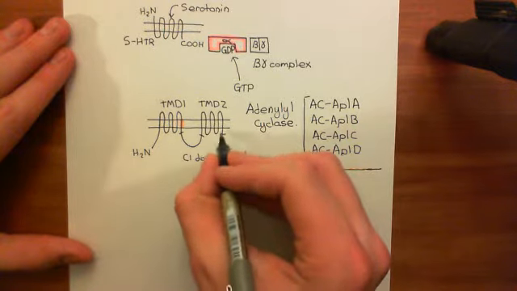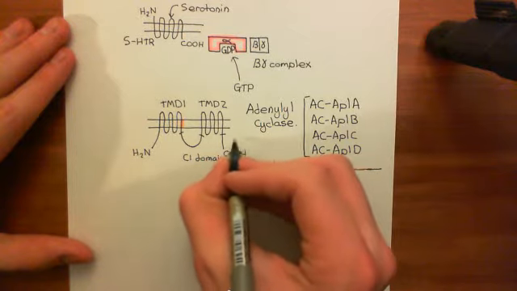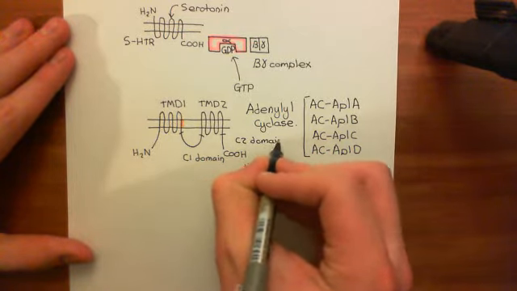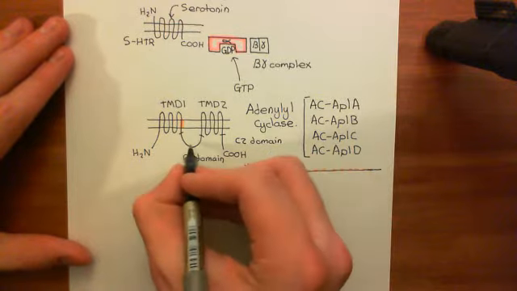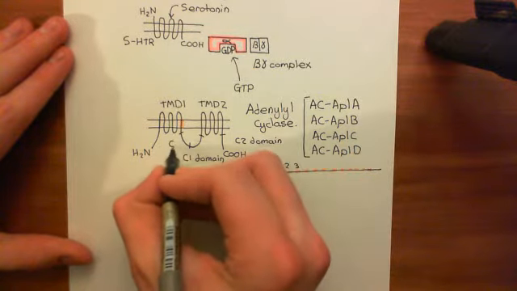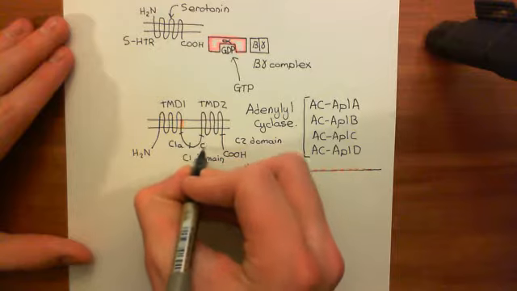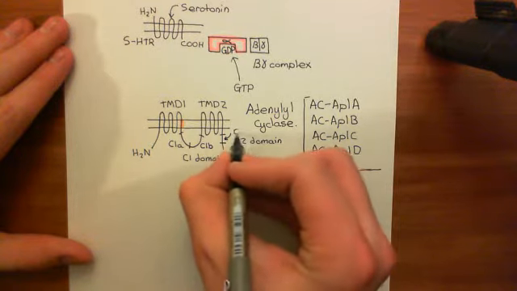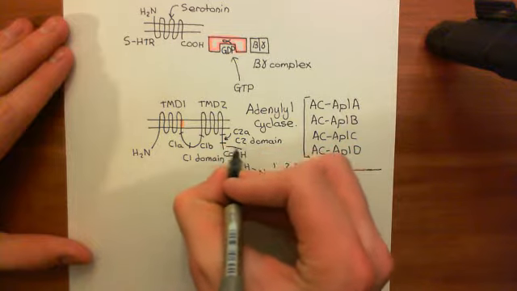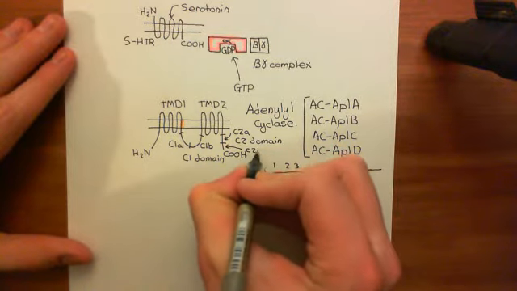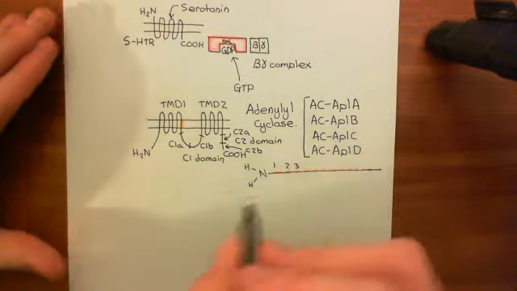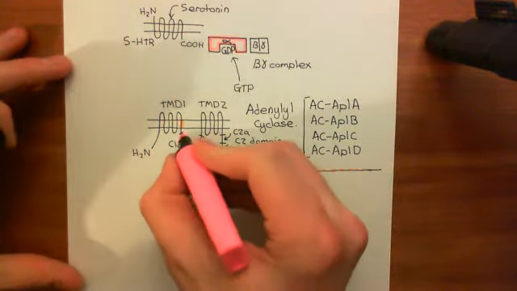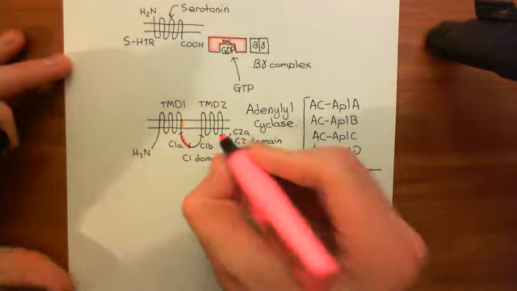And this carboxylic acid tail over here, so the C-terminal tail here, is known as the C2 domain. Now C1 and C2 are further divided up. C1 is divided up into C1a and C1b, while C2 is further divided up into C2a and C2b. Now the active adenylyl cyclase enzyme is made by the dimerization of C1a with C2a.